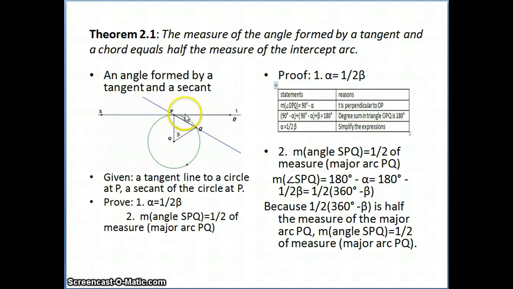If we have a tangent at point P and the center O, this radius is perpendicular to the tangent. So that's just the definition. If it's a tangent, of course the angle is 90 degrees.